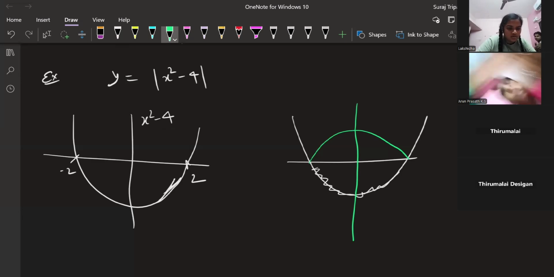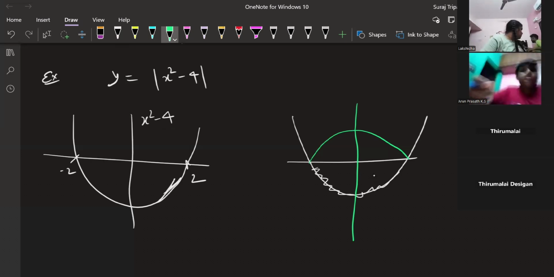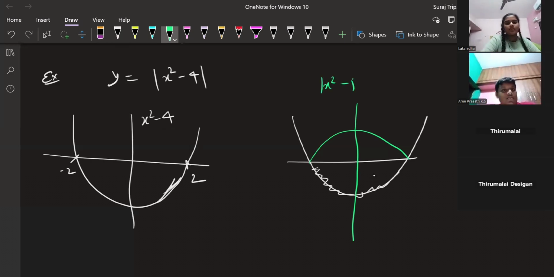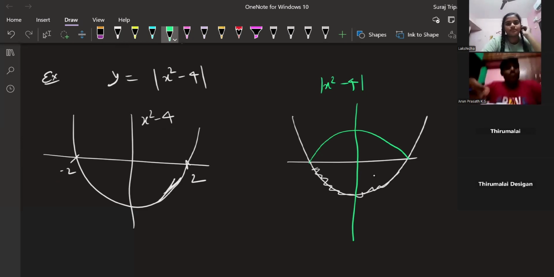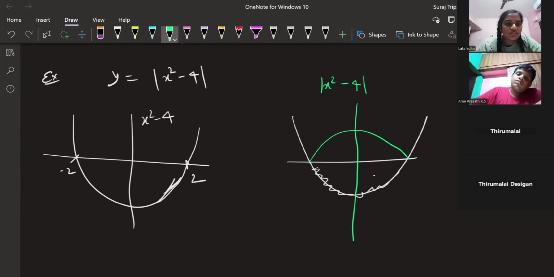This is the graph. Next, graph of mod of x square minus 4. As you can see, you have to take the reflection of whatever graph is present below the x-axis.